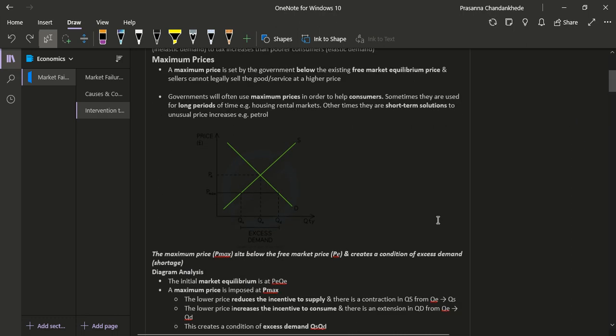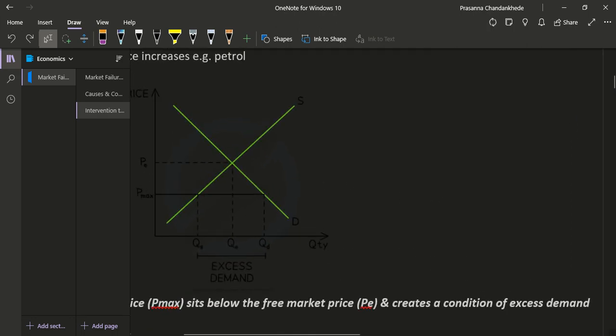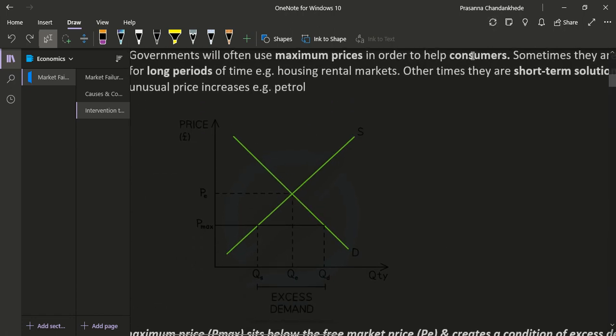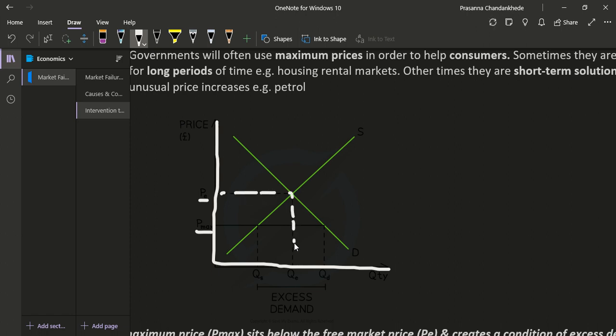So this diagram, let me zoom in. This is a diagrammatic representation. This is the price and this is the quantity. This is the maximum price and this is the equilibrium price. This is our supply curve and this is our demand curve. As the maximum price is set, this is the quantity supplied, quantity demanded, quantity supplied, equilibrium quantity.